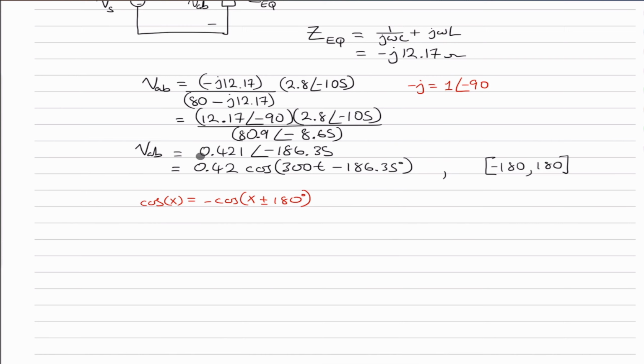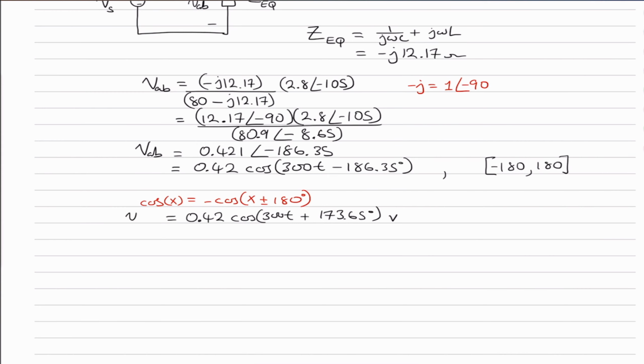So what we can do then is add an angle of 360, and that will solve that problem. So if we add 360, we end up with a positive amplitude of 0.42 times cosine of 300t with an angle of 173.65 degrees, and that's in volts.